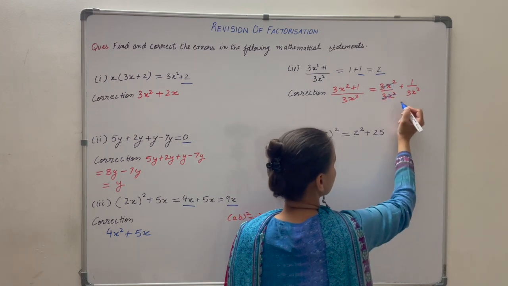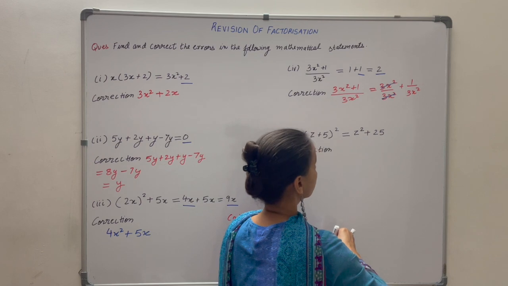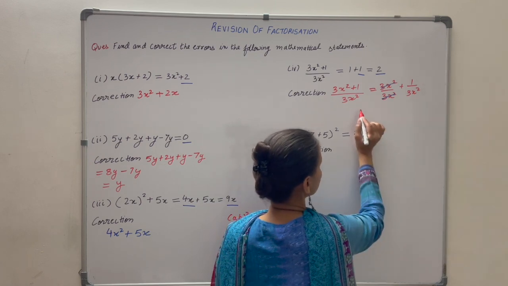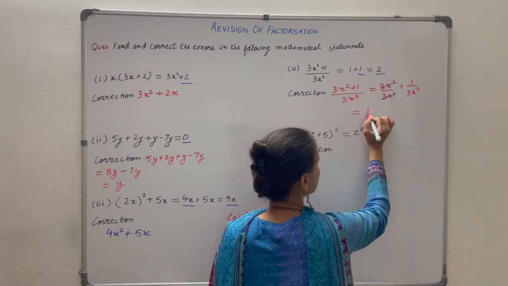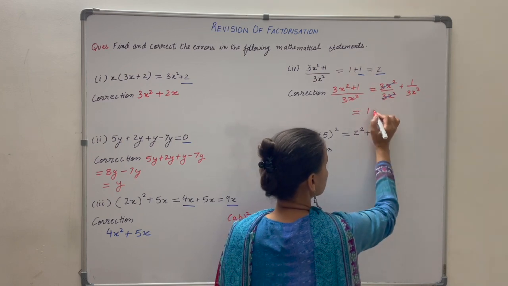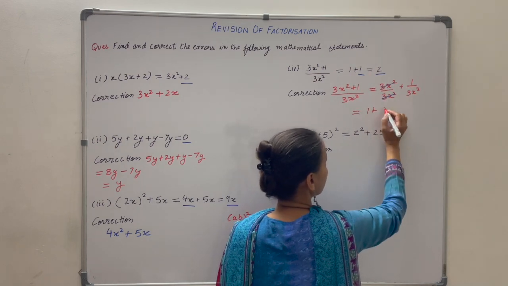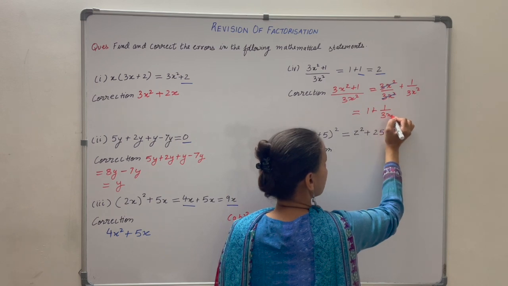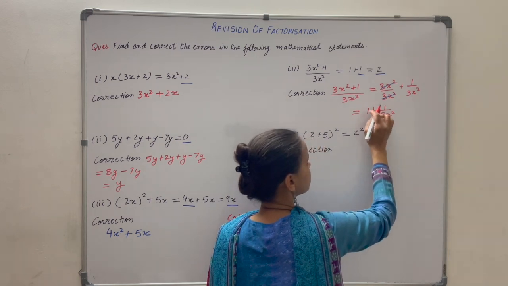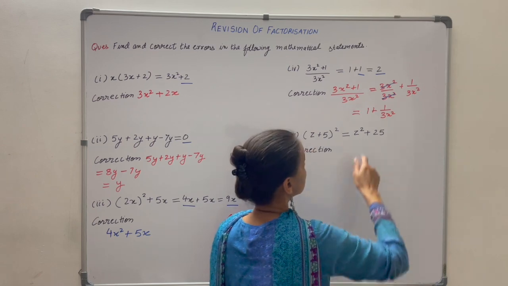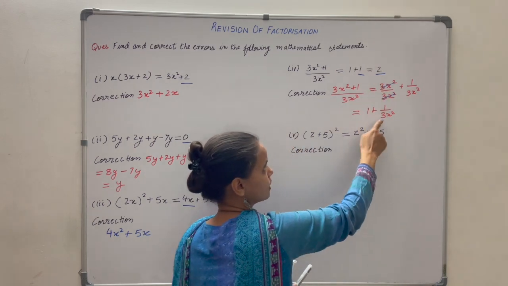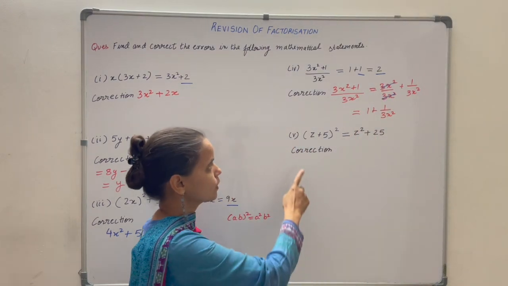So here you will get 1, but here you get 1 upon 3x square. So let us write down the correct answer now. This is 1, that is why this is correct. Plus, instead of 1, it is 1 upon 3x square. And we cannot further simplify it because these two are unlike terms. So you will not get the answer as 2. This is the answer.